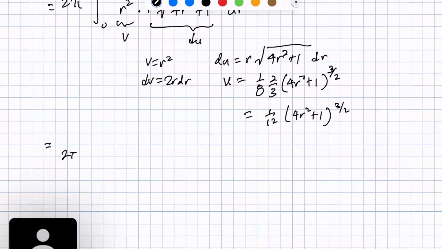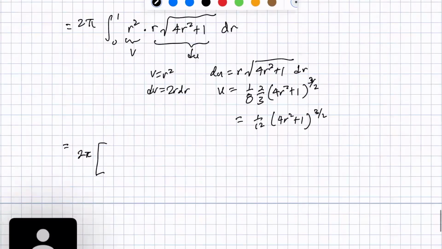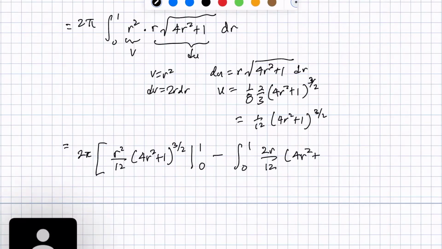So this integral is going to be a big integration by parts. First, I have uv, which is r squared over 12 times 4r squared plus 1 to the 3/2 integrated between 1 and 0, minus the integral of v du, which will give us 2r over 12 times 4r squared plus 1 to the 3/2 dr.